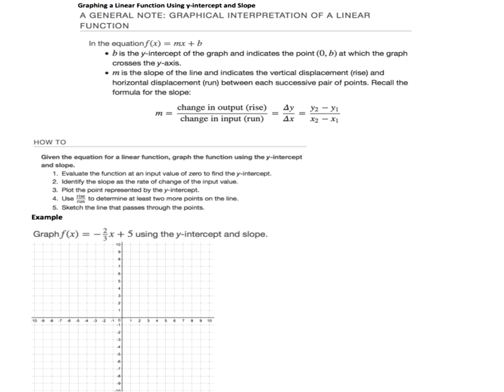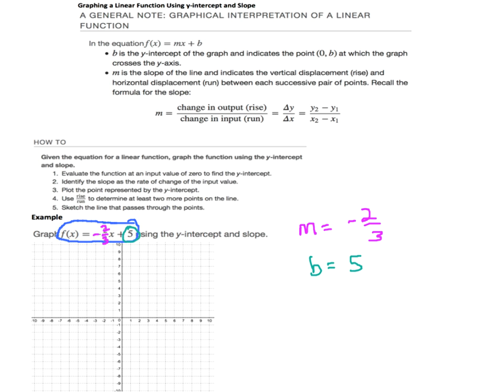Okay, so how to graph a function if it's given to you, graph the line if it's given to you in slope-intercept form. It makes it easier to graph when it's in slope-intercept form. All you have to do is identify the slope, which is negative 2/3, sitting right there as the coefficient on the x term, and the y-intercept, which in this case is positive 5.